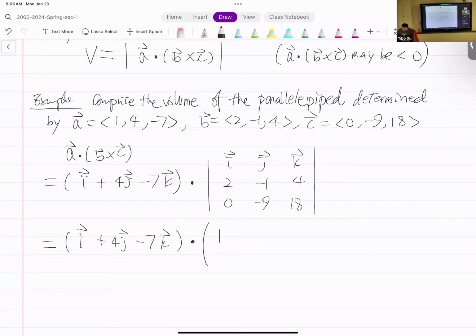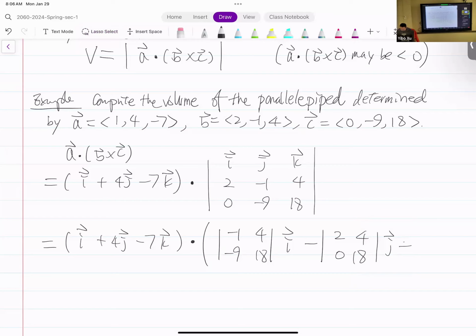Okay. So it's going to be -1, 4, -9, 18, I, and then we remember that it's a minus, the remainder if you cross out the first row, second column in front of J. The first row, second column, if you cross out, that will be 2, 4, 0, 18. So you should be very familiar with it by now.